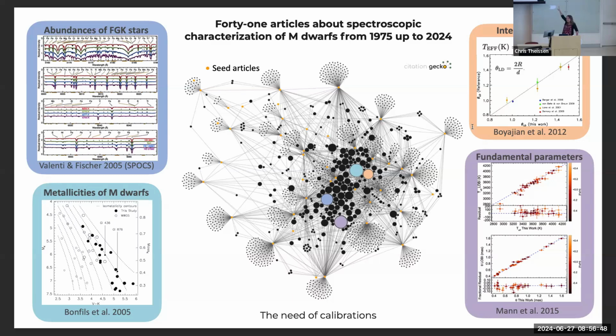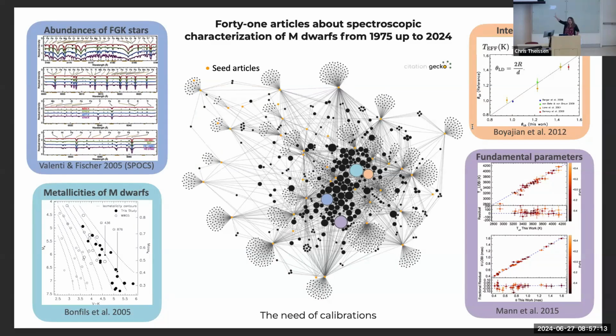It's also a thesis. This is Tabetha Boyajian's work, trying to get angular sizes of as many M dwarfs as possible with the CHARA array. And then we have the fundamental parameters and these relations of Mann et al. in 2015. And this actually shows that we needed calibrators.